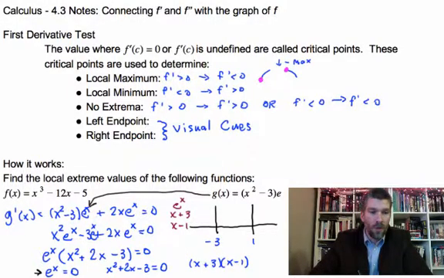So when I put a number like -3 in, I can't use that, it's going to give me 0. So I'm going to use -4. When I put a -4 in for x, I'm going to get a positive value with e to the x. When I put -4 into x plus 3, I get a negative value because it's going to be -1. And when I put -4 into x minus 1, I get a negative value.